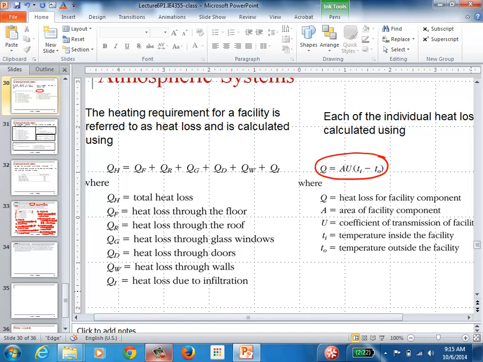I accidentally made my QD 1.3 instead of 1.13 because I couldn't see from the back. That's okay. Don't worry about it. Okay. Thanks.